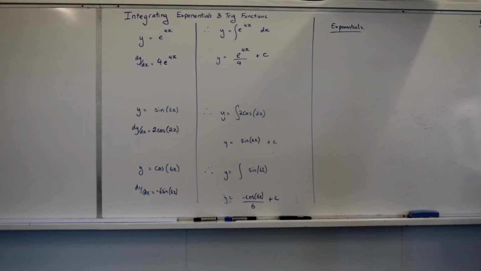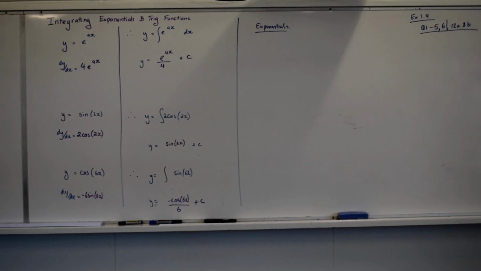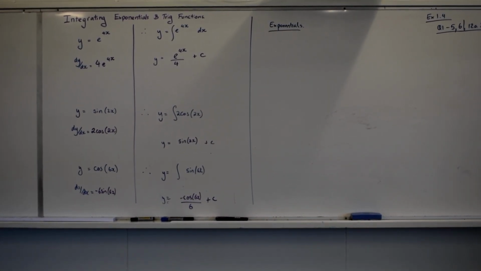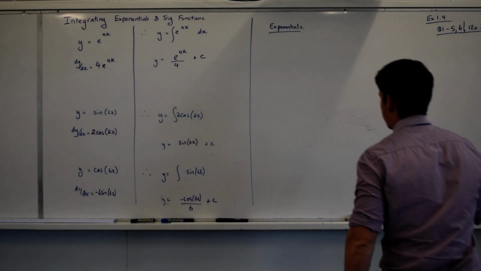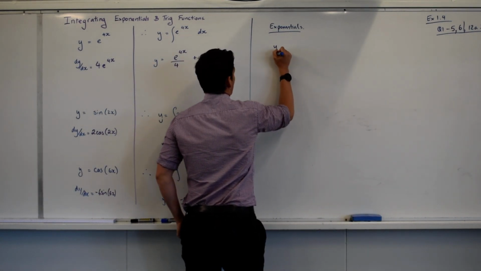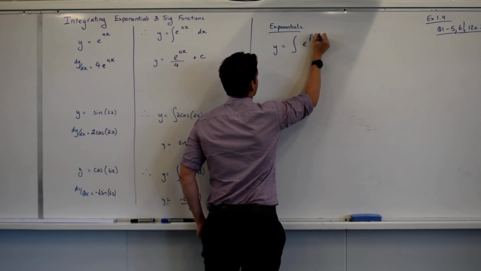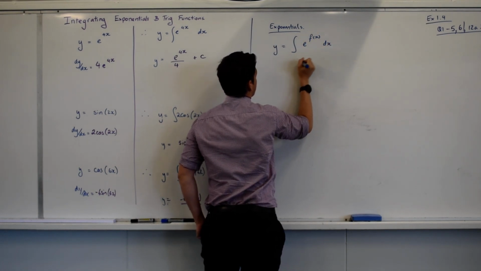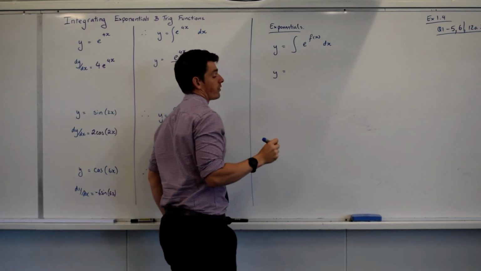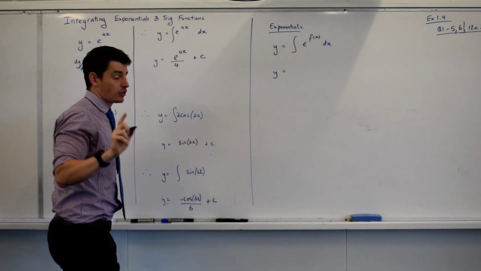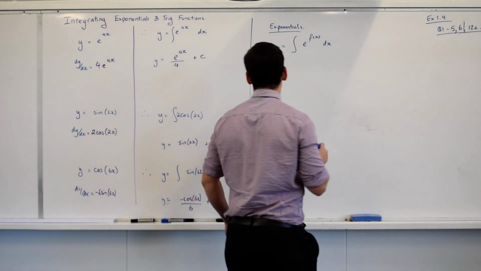So if I've got the function, and now you've got an example, hopefully we can see. If I've got y equals the integration of e to the fx, that needs to become what? Just let them figure it out.